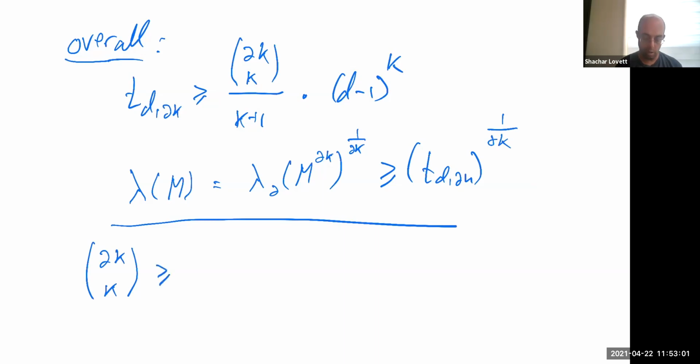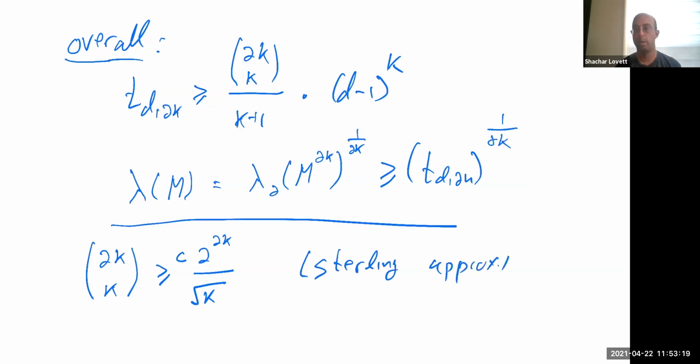Concretely, this is at least 2 to the power 2k divided by root k, up to some constant. The exact approximation doesn't really matter, because it's 2 to the 2k times some lower order terms.